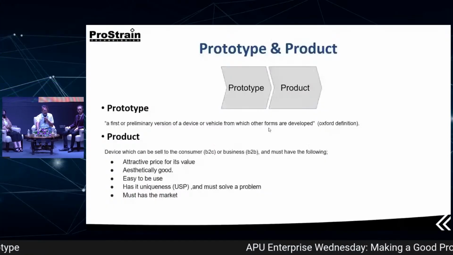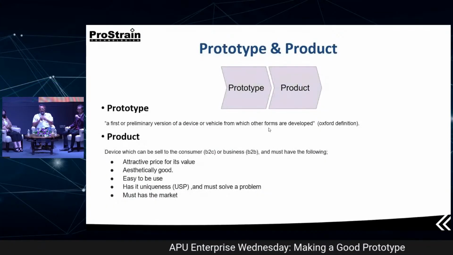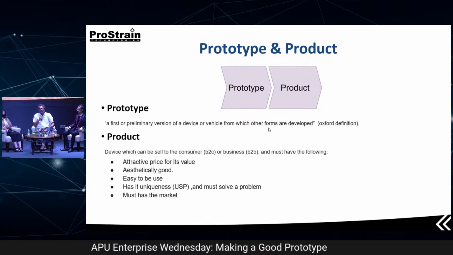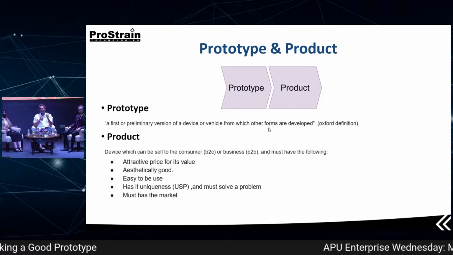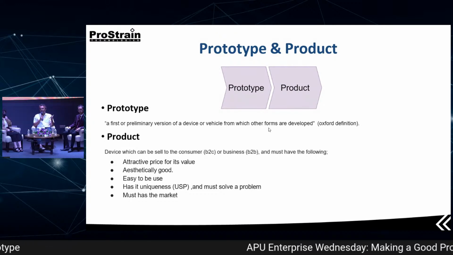Let me start my slides. Whenever we talk about prototype, it has to be associated with product. Whenever we want to make a product, the prototype has to come first.